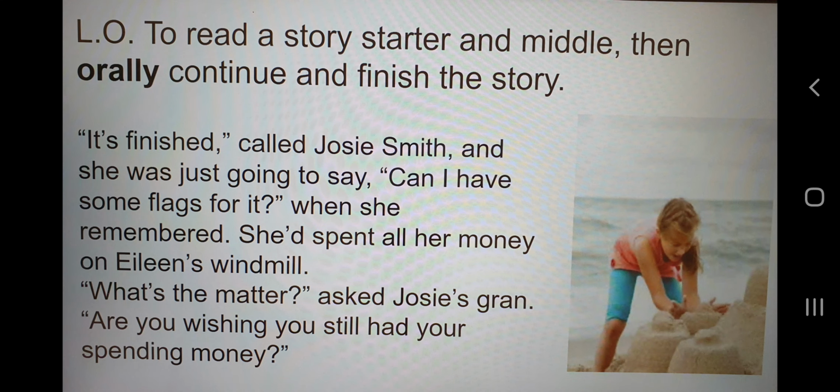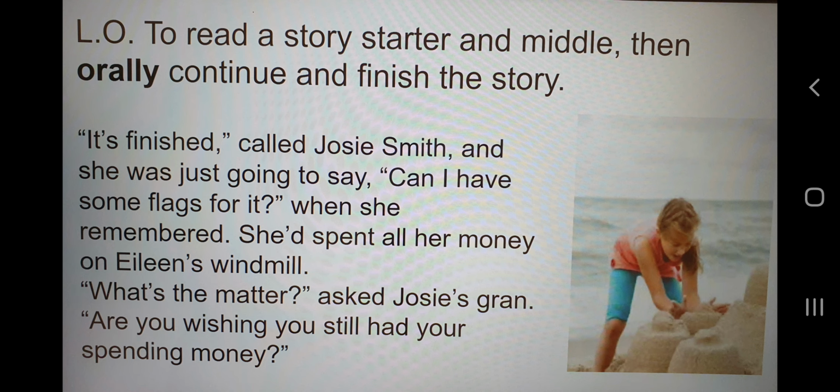Okay, so I'm just going to remind you about the learning objective. It is to read a story starter and middle, then orally continue and finish the story. Now you'll see that I've written orally in bold letters. Orally means to say something.